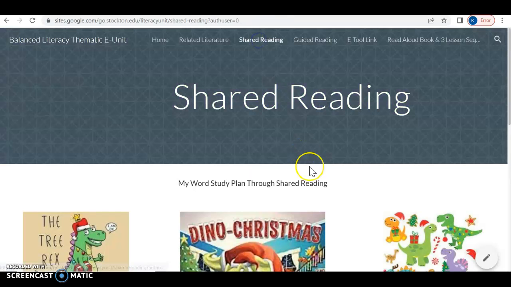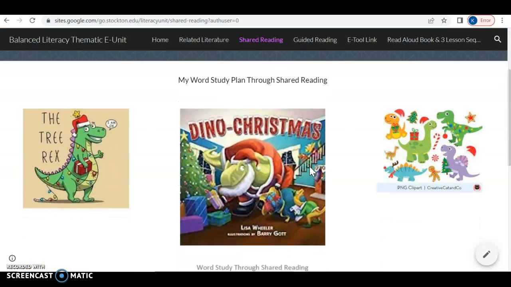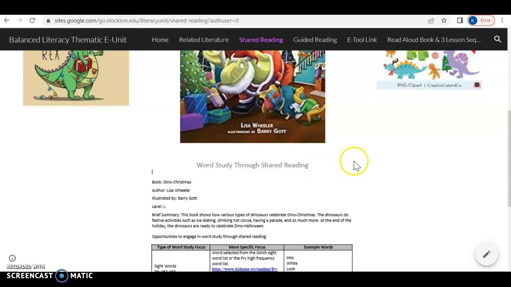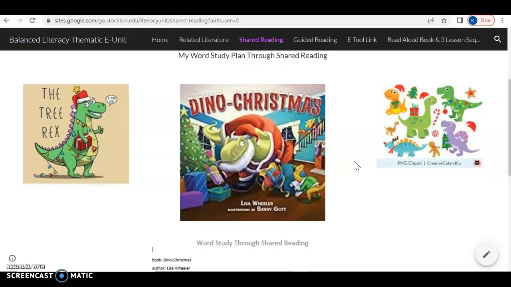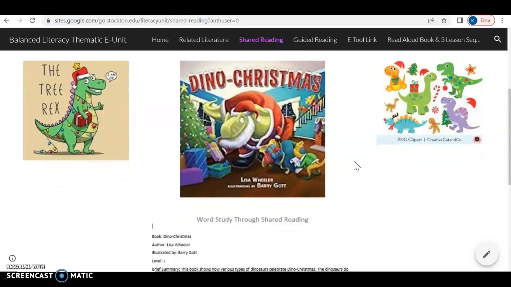Then over on the shared reading tab, we have the book Dino Christmas for my word study through shared reading. This word study through shared reading plan allows students to practice their phonics skills through the specific focus and identification of some common phonics rules found in the book.